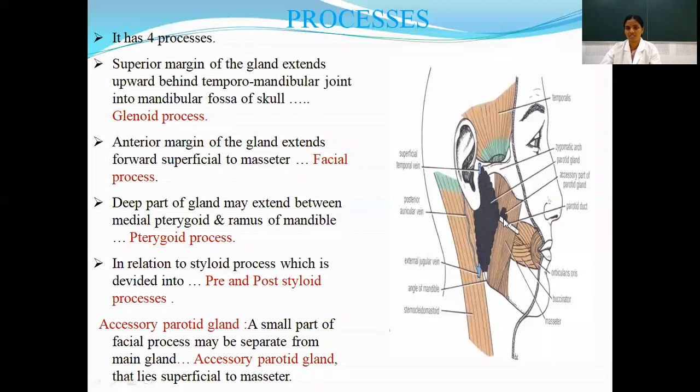This structure is known as accessory parotid gland. I am repeating: accessory parotid gland is a detached part of the facial process, and it has its own duct, because it is not directly drained by the parotid duct. It has its own duct, and that in turn drains into the parotid duct. So this is nothing but accessory parotid gland.